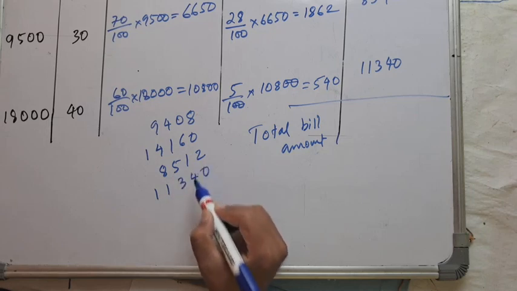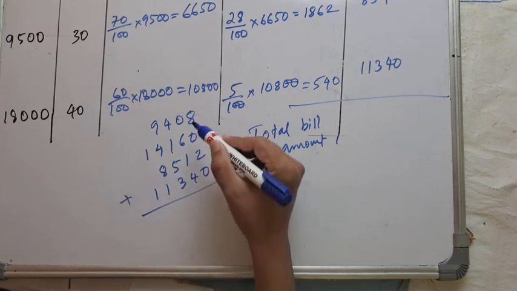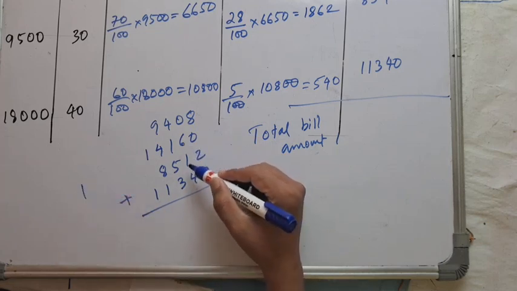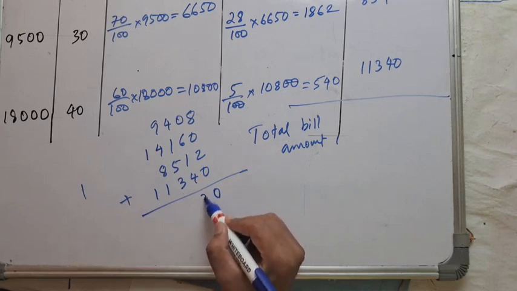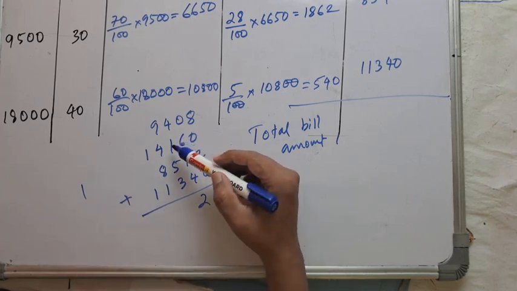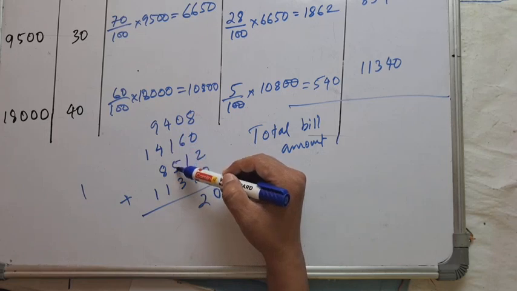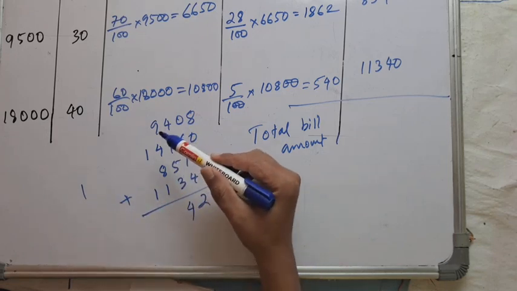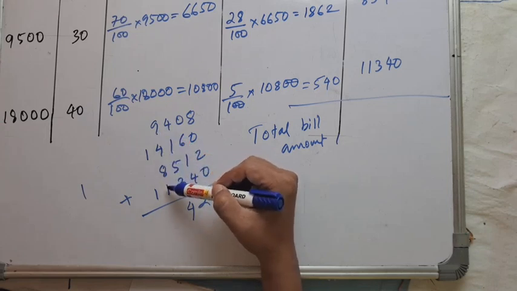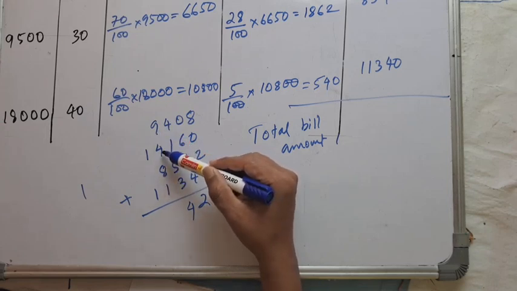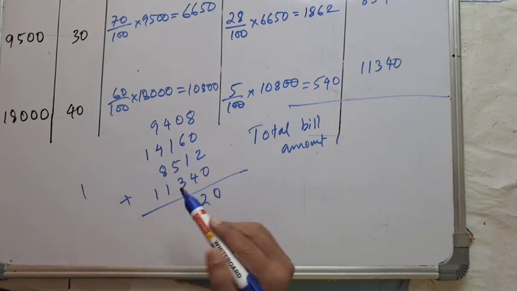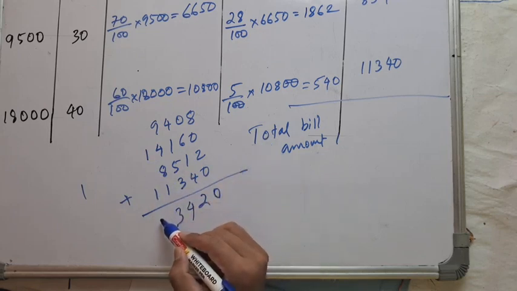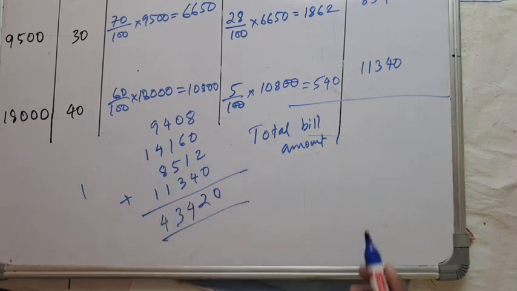Okay, so the sum of all this will be 8 plus 2 is 10. 0, 1 in hand. 6 plus 4, 10, plus 1, 11, plus 1 is 12. 2, 1 in hand. 4 plus 1, 5. 5 plus 5, 10, 3, 13, plus 1 is 14. 4, 1 in hand. 9 plus 8, 17, plus 1, 18. 18 plus 4, 22, plus 1, 23. 2 in hand. 1 plus 1, 2, plus 2 is 4. 43,420.